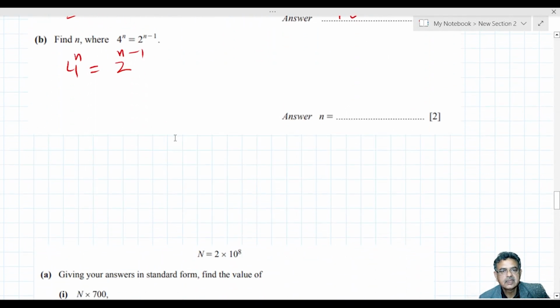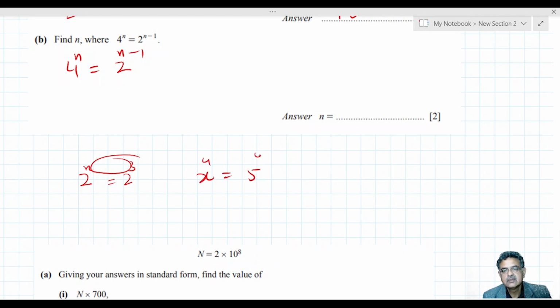Here we apply that concept that when bases are same, like 2 power x equal to 2 power 3, then x is equal to 3. Bases are same, powers are equal. And if powers are same, bases are equal. X power 4 is equal to, let's say, 5 power 4. If powers are equal, then bases are equal. X is equal to 5.